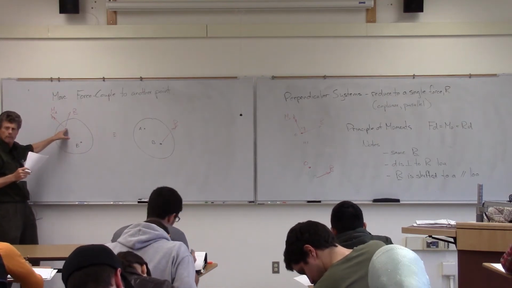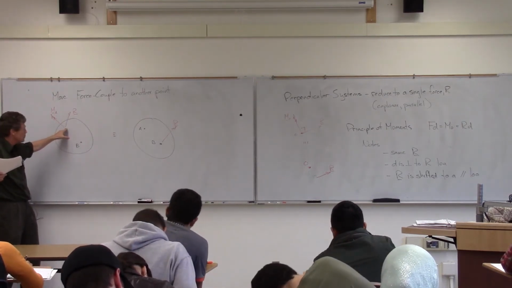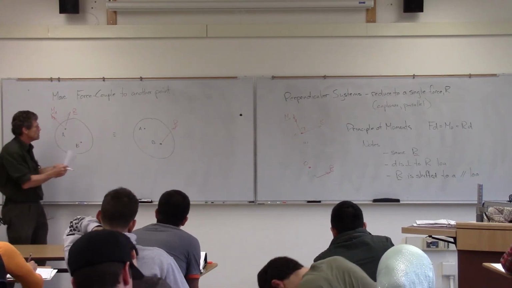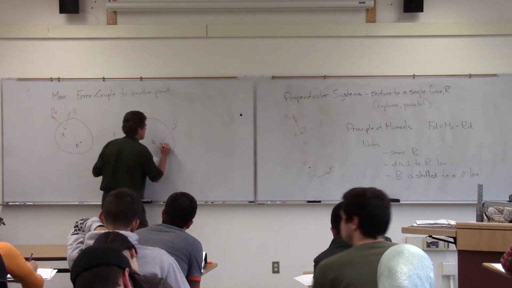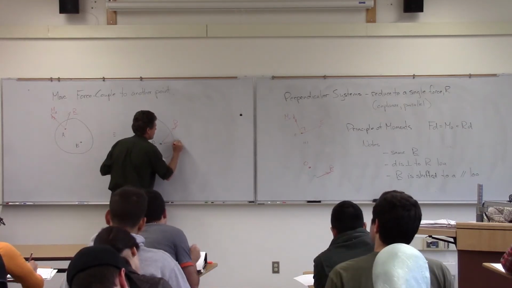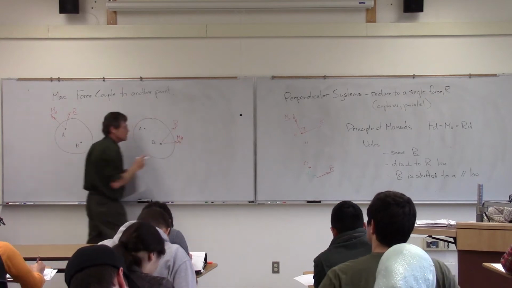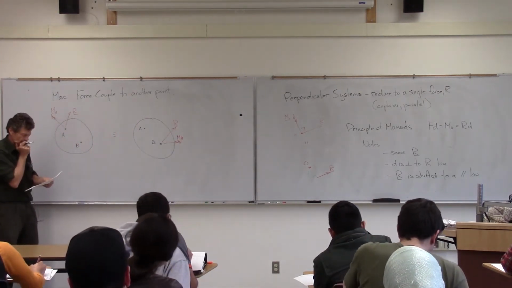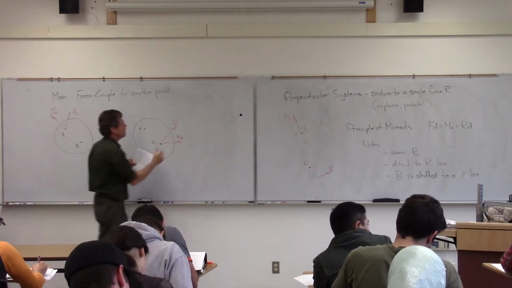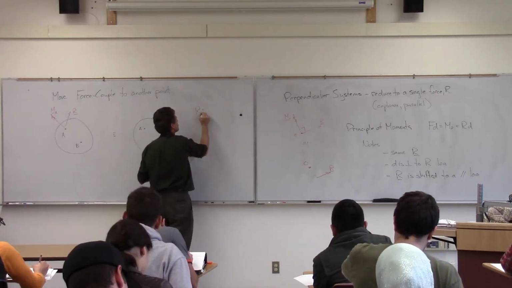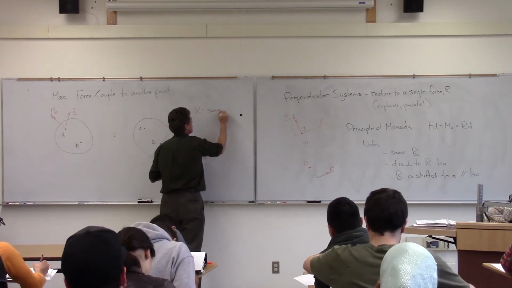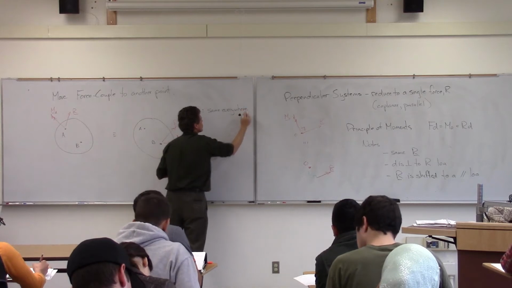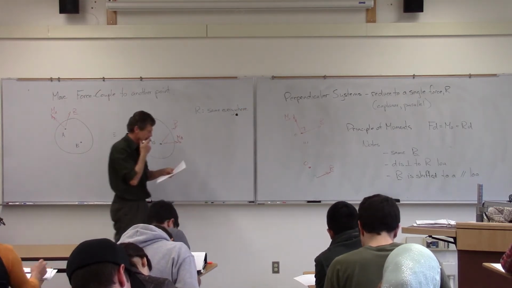Again, now what I'm doing is the same thing I've done with a single force: I'm taking that force and moving it out of its line of action. So I'm going to end up having another moment, or a couple, there, but it's going to be a different couple. It's going to be M at B. Again, R is the same everywhere.